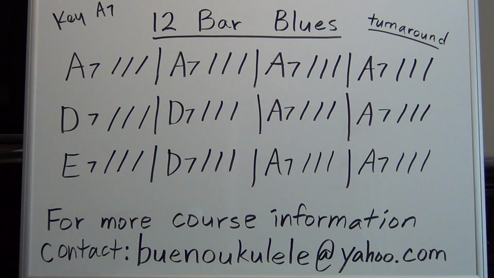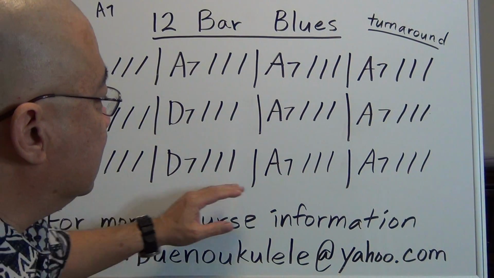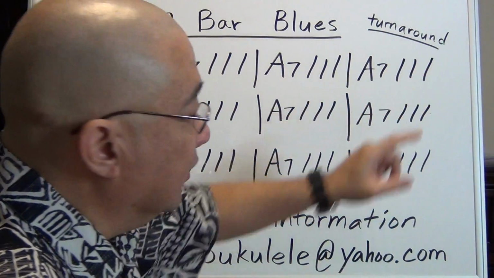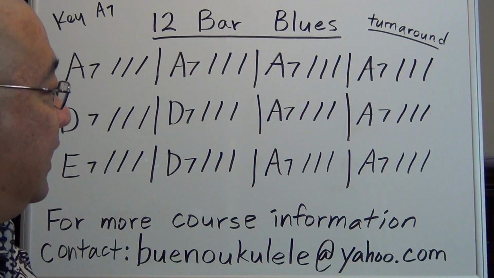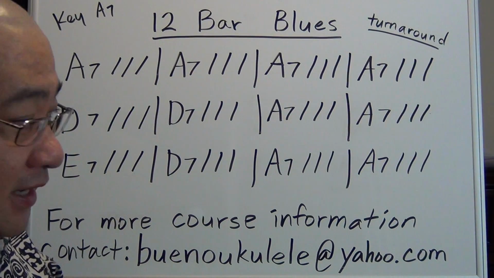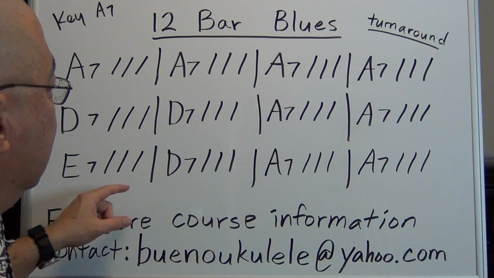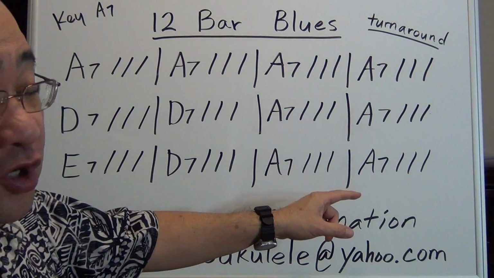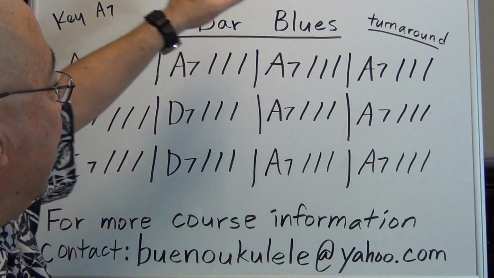Now, we're going to get into some terminology for blues music. This last line right down here is called a turnaround. What the turnaround does in blues music, this last line down here, is basically bring you back to the beginning.